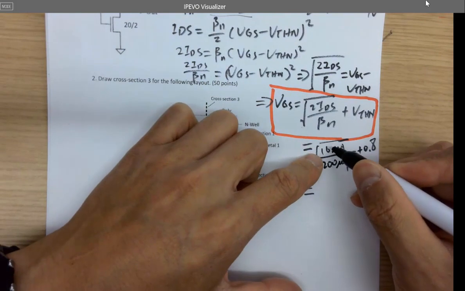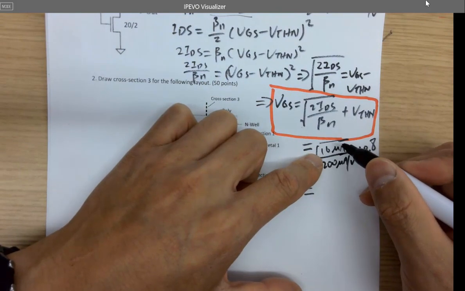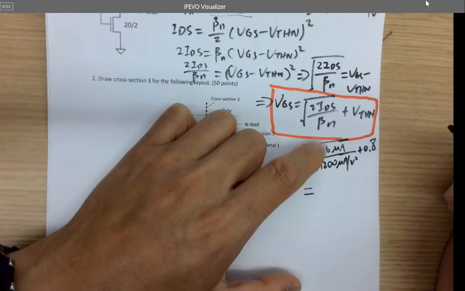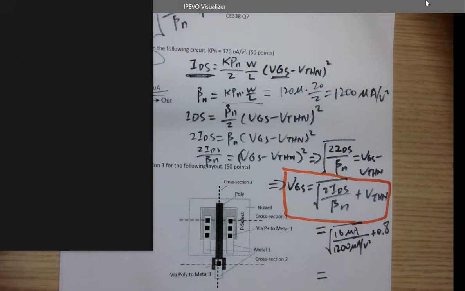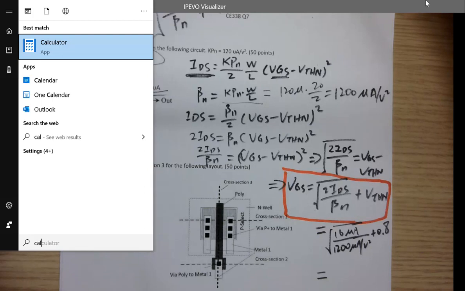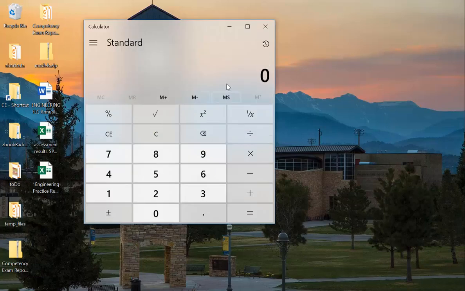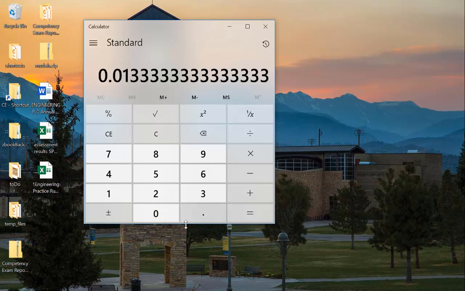Like 0.013, I think. That's the calculation. So it's 16 over 1200, right? And square root. Wait, so this is correct.